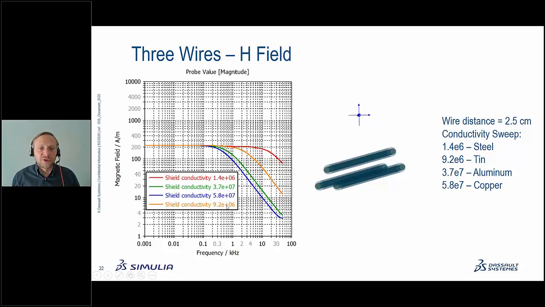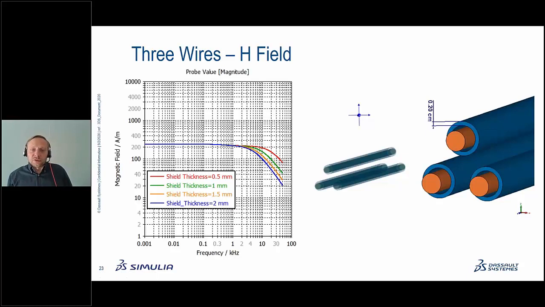It's a factor of 40 or so that we have increased the conductivity going from steel to copper, and that's exactly what we see in these plots, that the shielding has increased with conductivity. We can of course also increase the shielding with thickness, but it's obviously much more difficult to get a factor of 40 in the thickness like we get it in the conductivity.